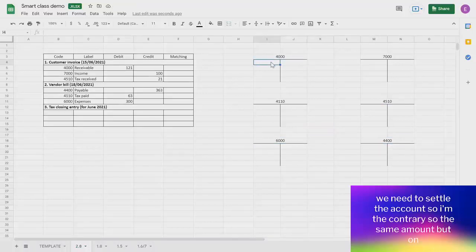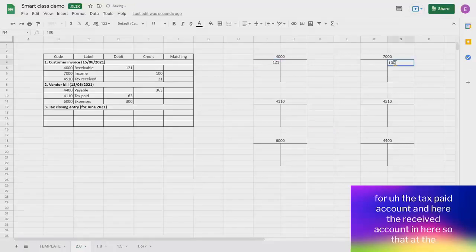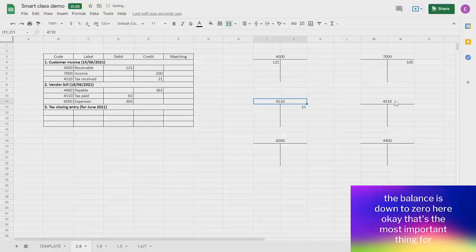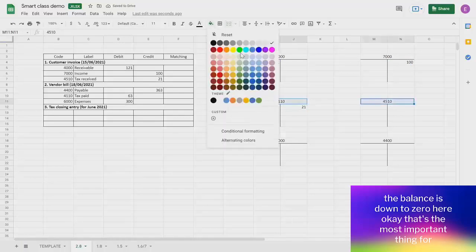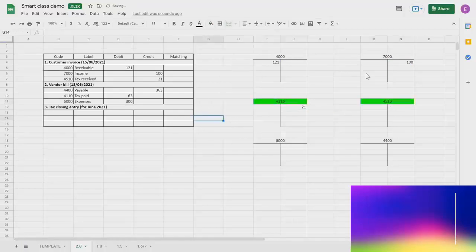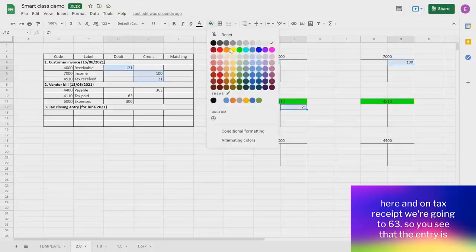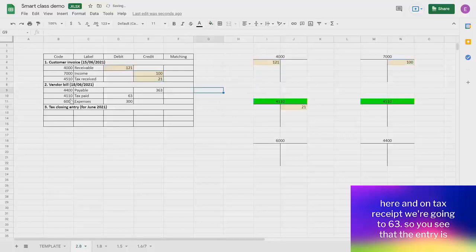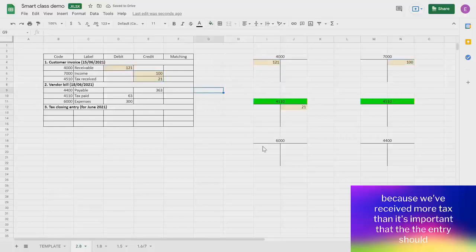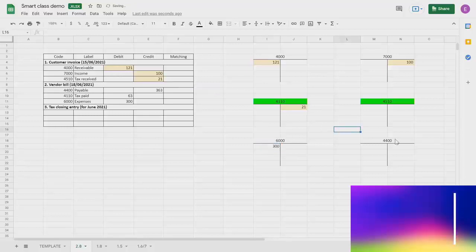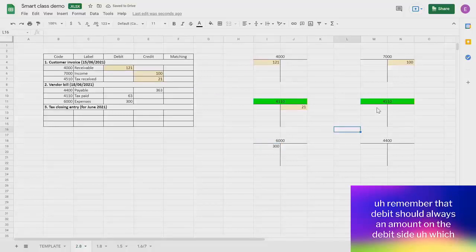Then let me just color to see that these match together. Afterwards, on the debit side, we have the tax paid, so this should go there instead. Sorry, a little mistake. And finally, the payable account on the credit side for euros. We're going to color all this like this. Okay, so this is what happens.